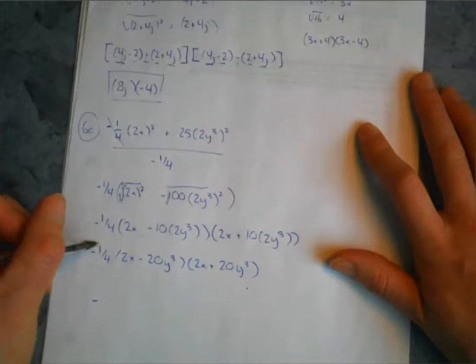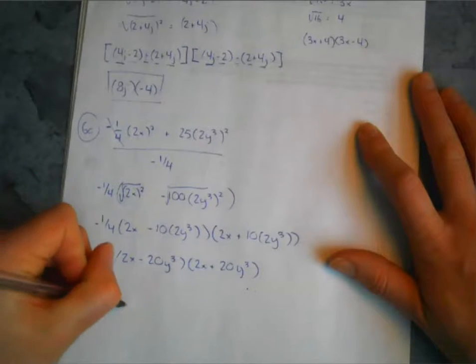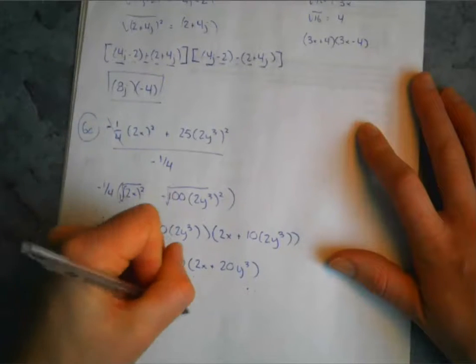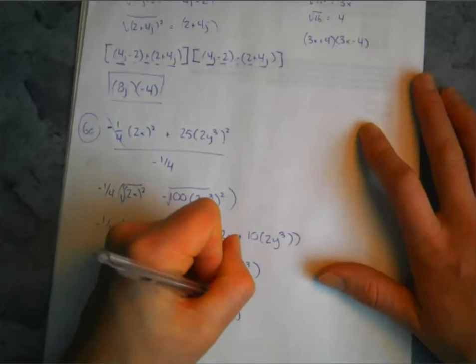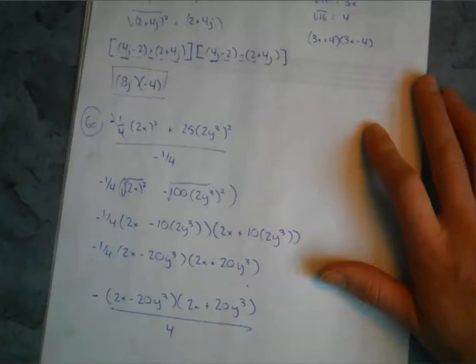So it'd be like negative 1 times all of this. So we have negative (2x minus 20y³) times (2x plus 20y³). And then the 4 is on the bottom, right?